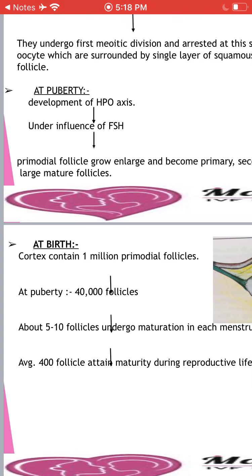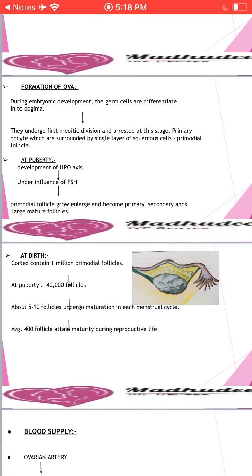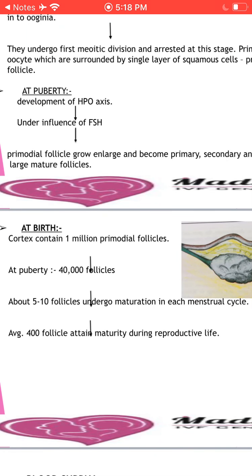When it reaches puberty, only 40,000 follicles will remain. Out of this 40,000, only 5 to 10 follicles at each menstrual cycle undergo maturation, and in the whole reproductive life only 400 follicles attain maturity.